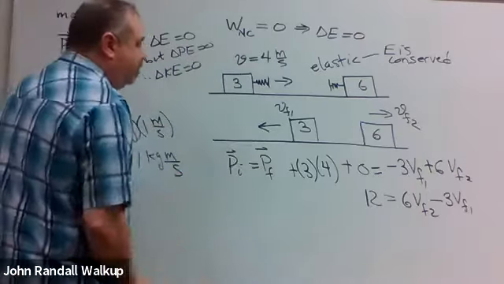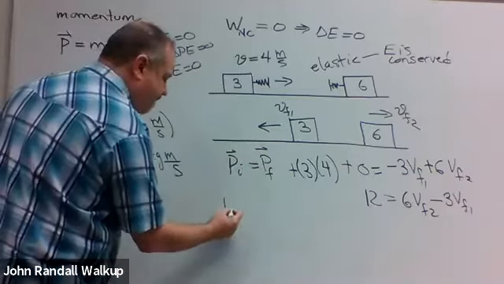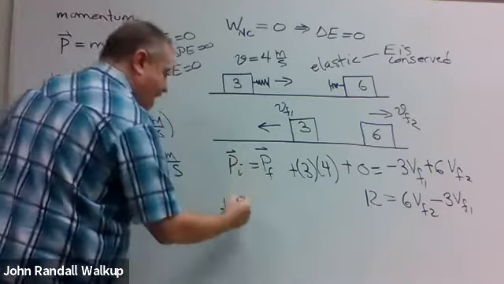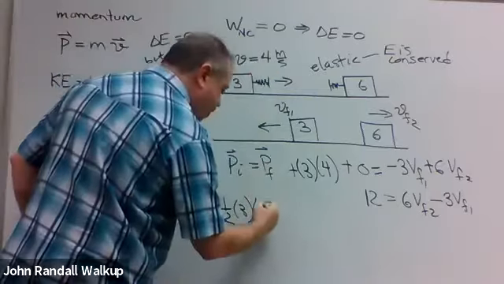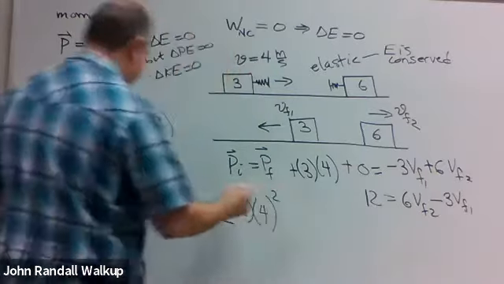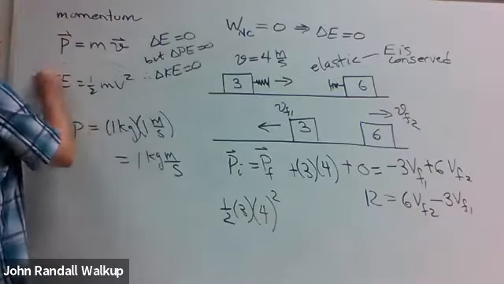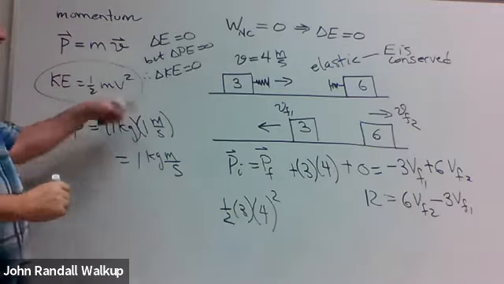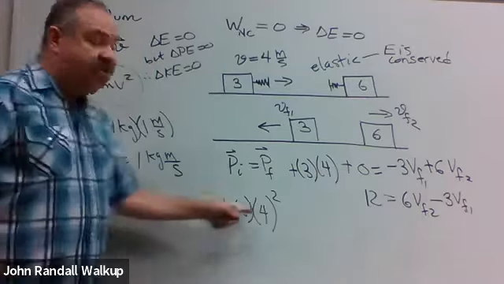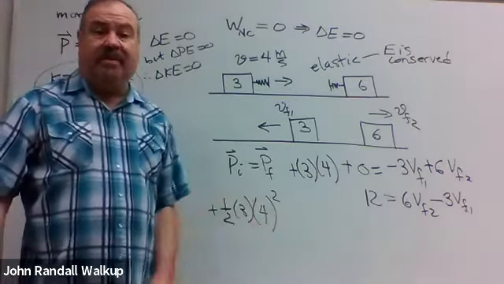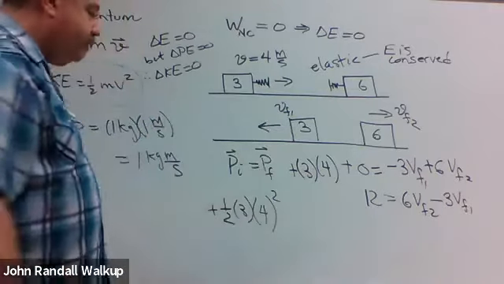So what's the kinetic energy before? Well, it's 1/2 times the mass times v squared. Remember, 1/2 mv squared. Your kinetic energies are always going to be positive quantities, no matter which direction the object's traveling.